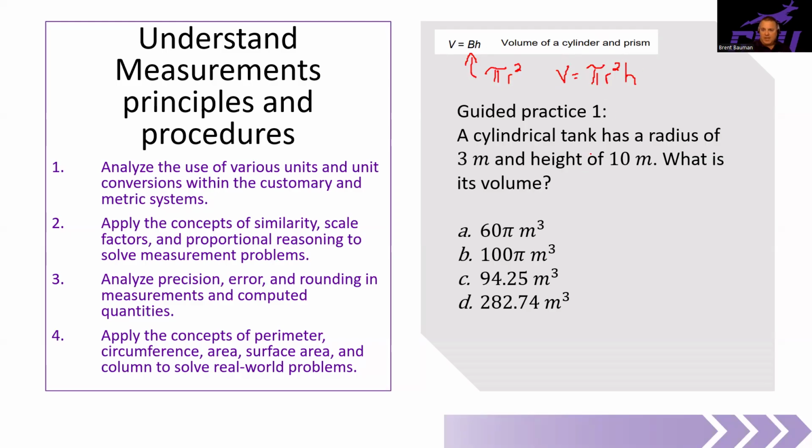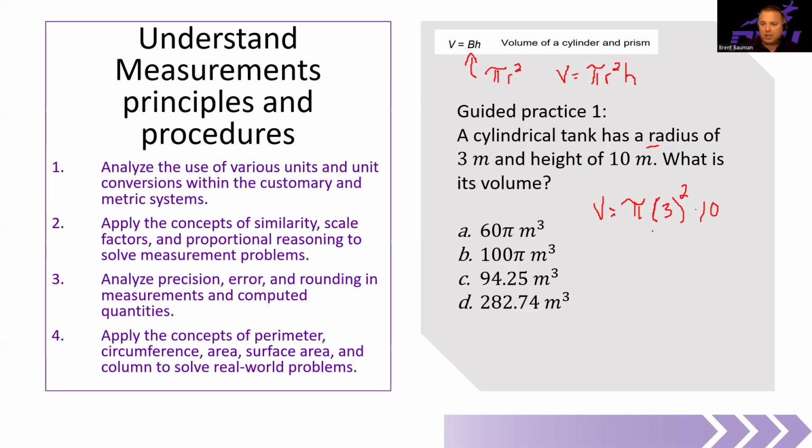Notice that they gave us a radius as well, so that's a good idea that we're going in the right direction. Let's plug in our parts and see what we get. We have volume equal to pi times r, which was given as 3, squared, times h.